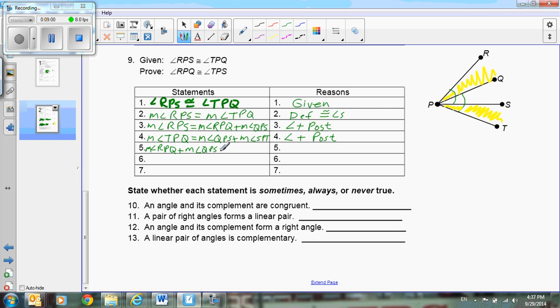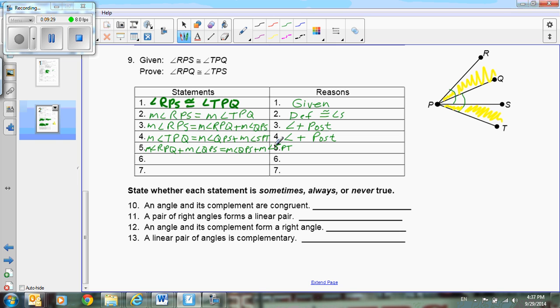is equal to, now again, what did I just do? I replaced the measure of RPS with what it's equal to. Now, I'm going to rewrite the measure of angle TPQ and put what it is equal to, which is the sum of these two angles. So that would be the measure of angle QPS plus the measure of angle, I'm just going to have to squeeze this in here, SPT.